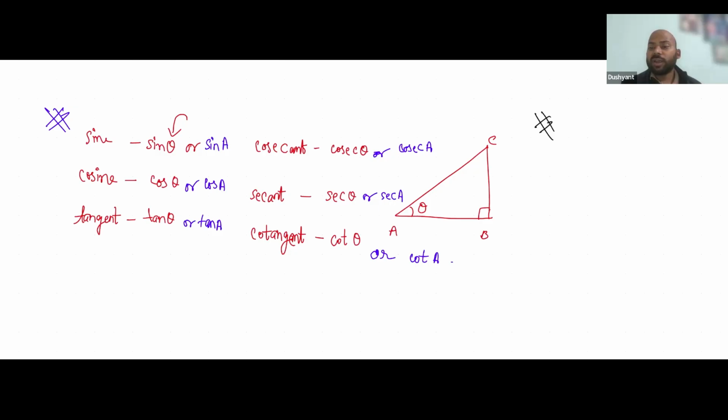If I have a right angle triangle with sides 3, 4, and 5, find out all the ratios.